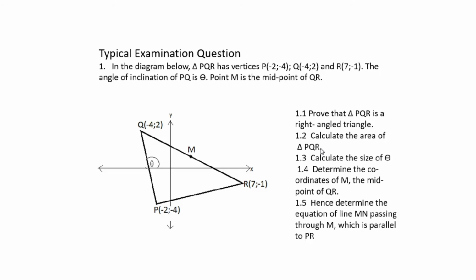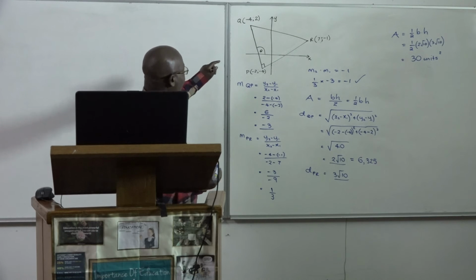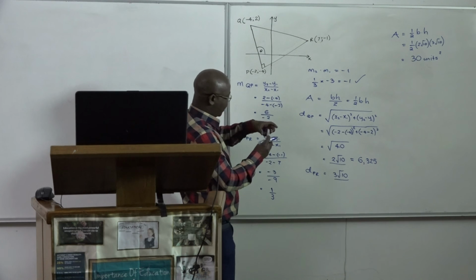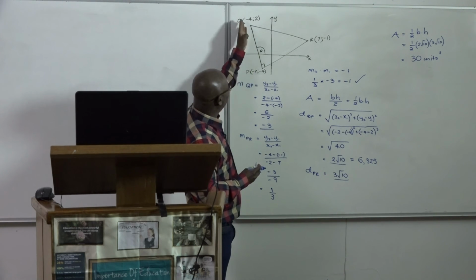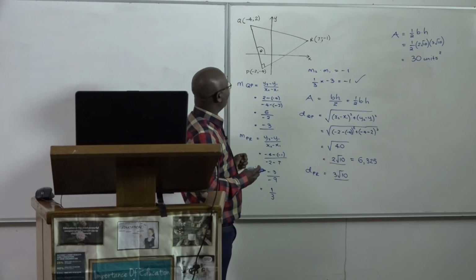Then on 1.3, we need to calculate the size of angle theta. This becomes very, very easy because now there is our theta there. You can clearly see that our theta is an obtuse angle.